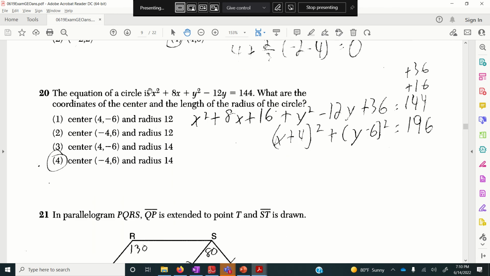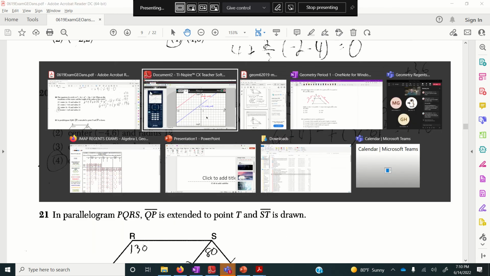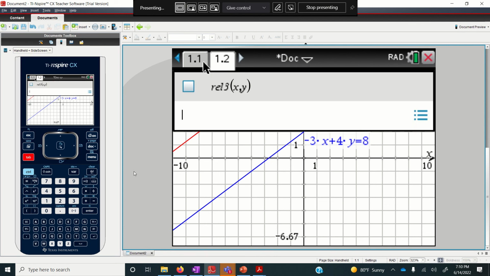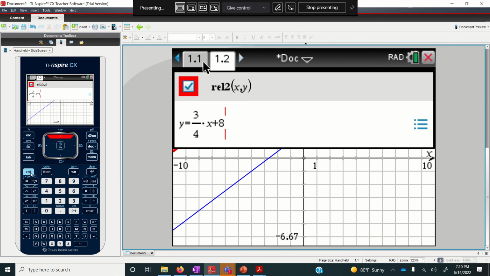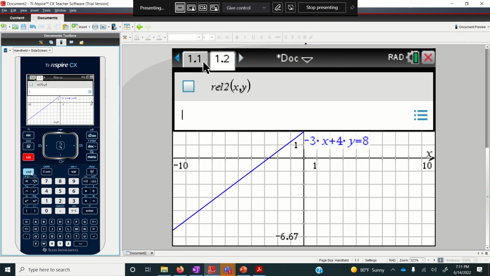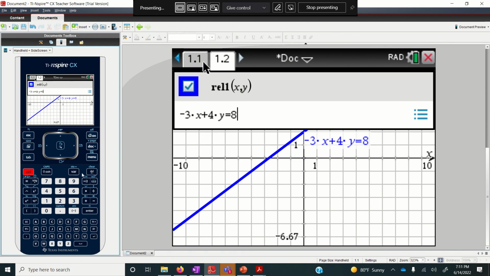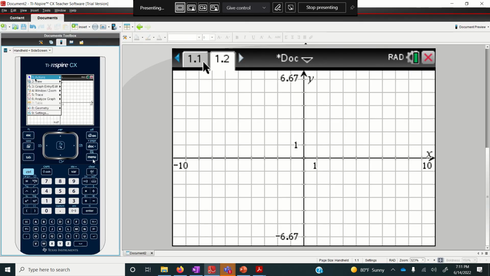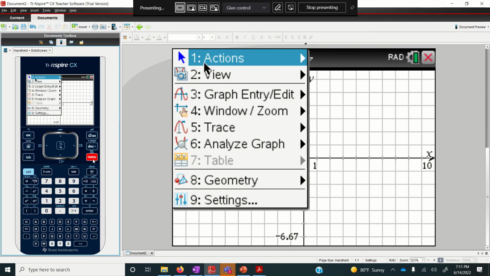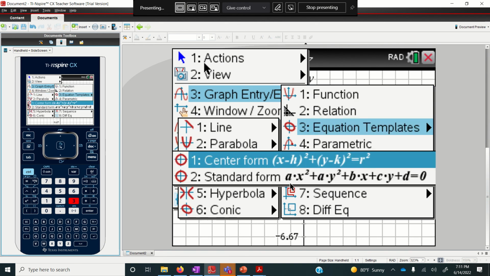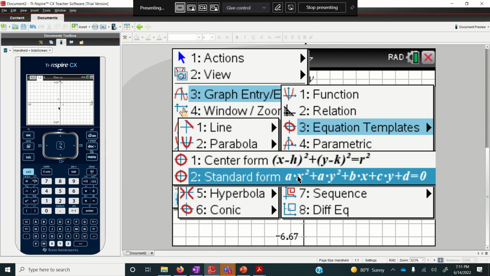Okay, remember we talked about how to do this question on your calculator, number 20. So you can take your graph. If we want to delete these guys, we can, just to get them off our grid. All right, we're going to go to menu and then smash the 3 button. 3, 3, 3, and we're choosing standard form, which is choice 2 from there.